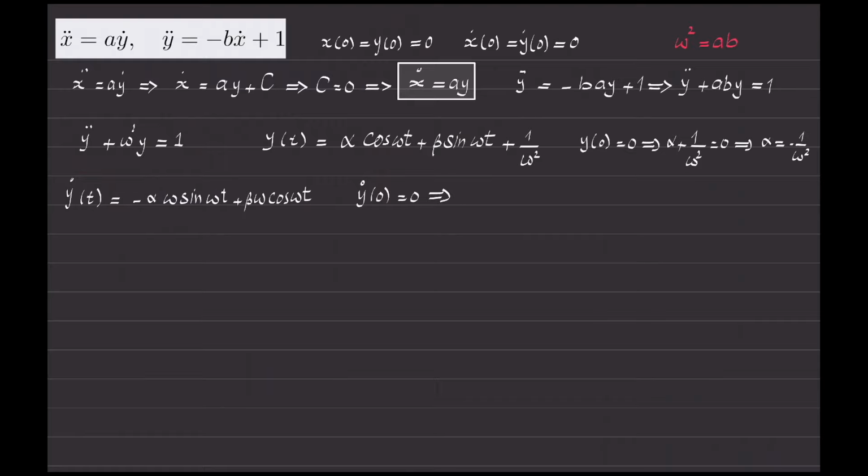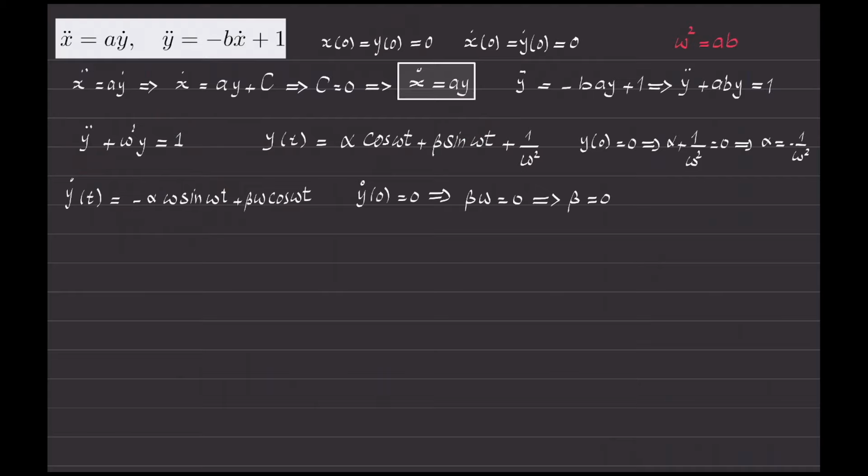If I replace t with 0, the answer is supposed to be 0. Sine of 0 is 0, so that term cancels, but cosine of 0 is 1, so I get beta omega equal to 0. But omega is a positive number, so the only possibility is that beta is equal to 0.